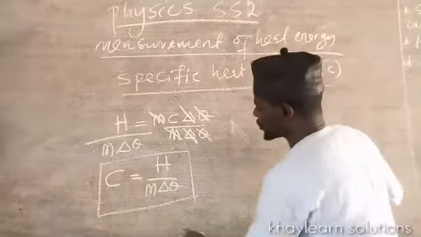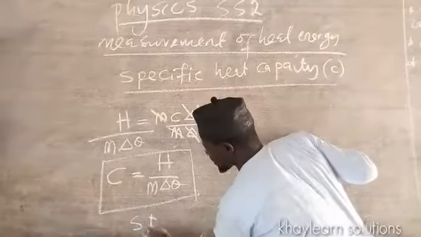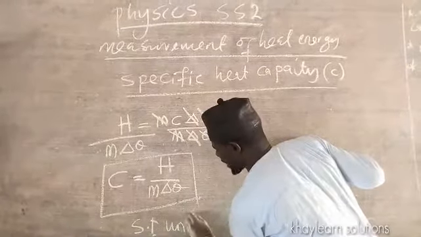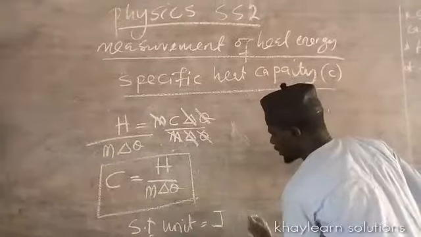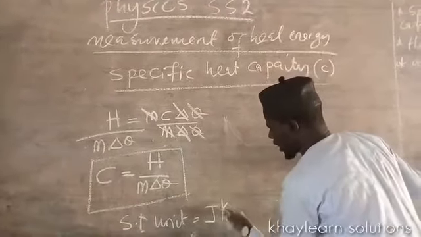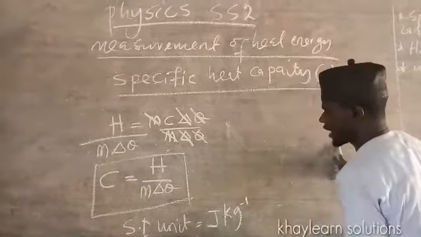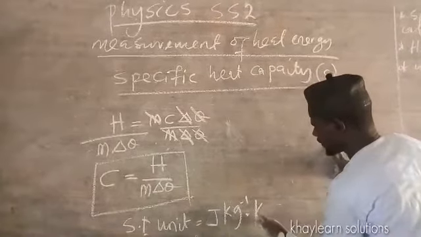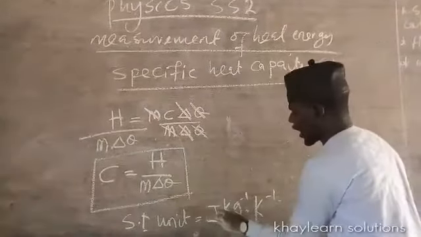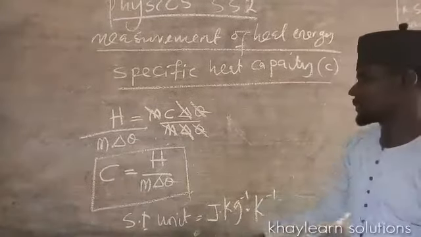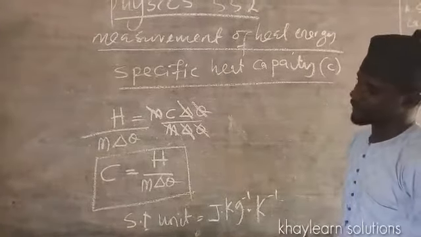So the SI unit of specific heat capacity is joule per kilogram Kelvin, or J per kg per K. So this is the SI unit of specific heat capacity.